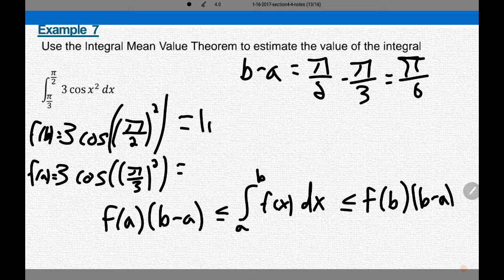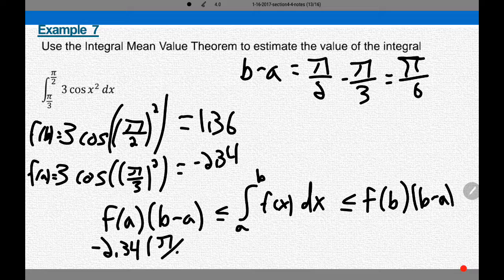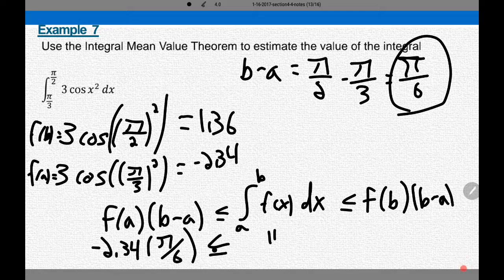So this first one is 1.36 approximately. The second one is negative 2.34. So if I take negative 2.34 times pi over 6, because that comes from my b minus a, that's less than or equal to this integral value, and that's less than or equal to 1.36 times pi over 6.